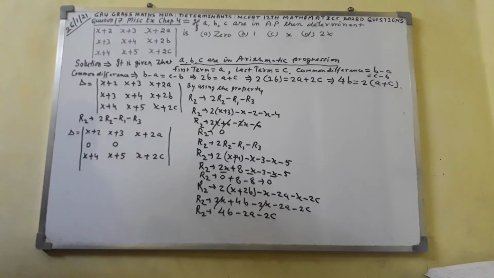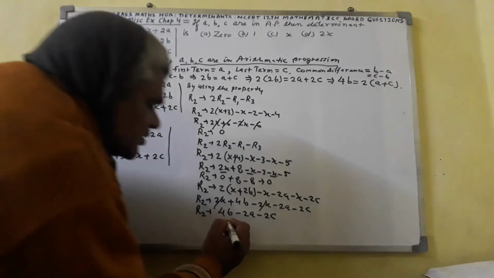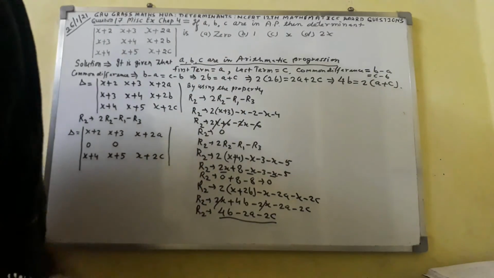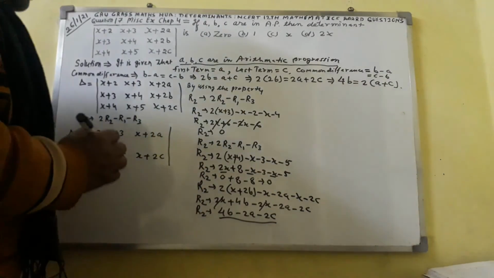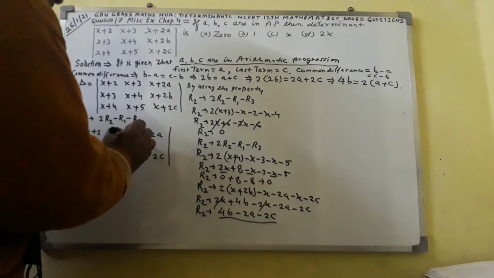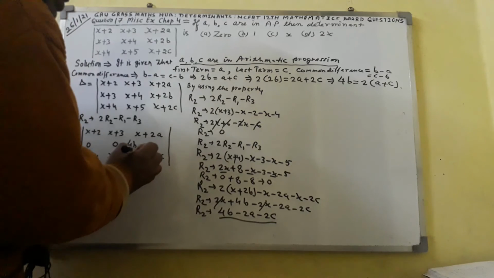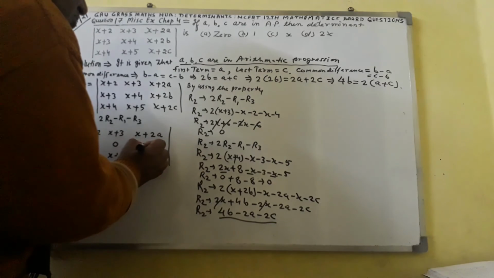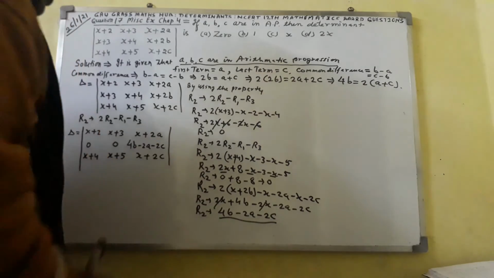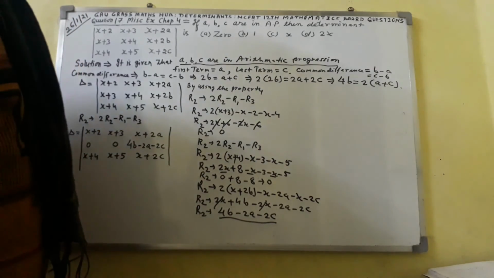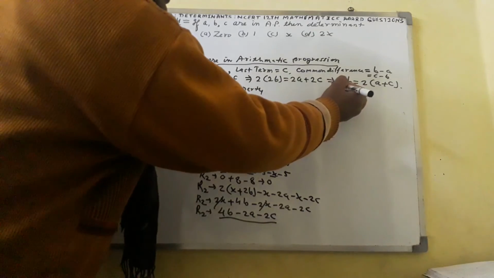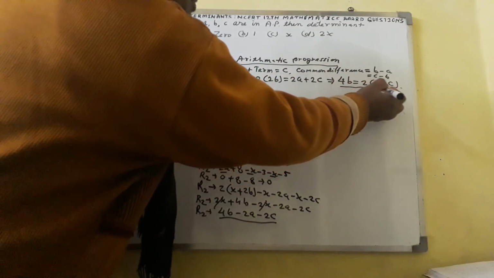So what to do next? In place of R2, I can write 4b minus 2a minus 2c. Now here you can see this one.